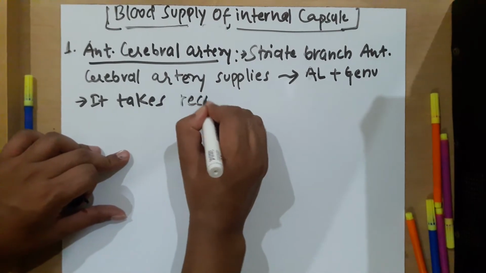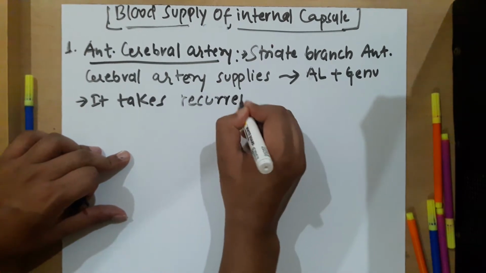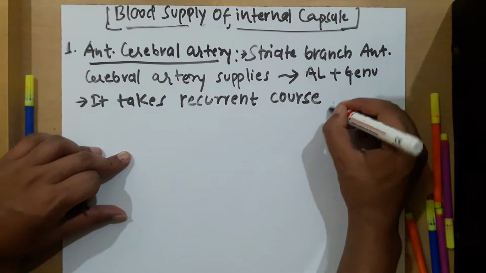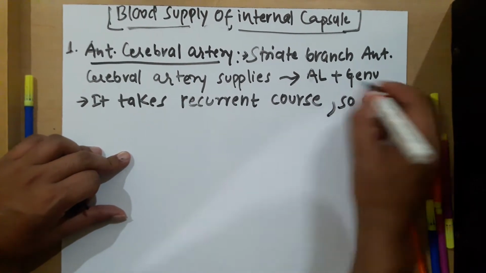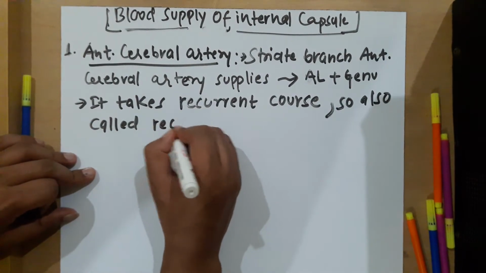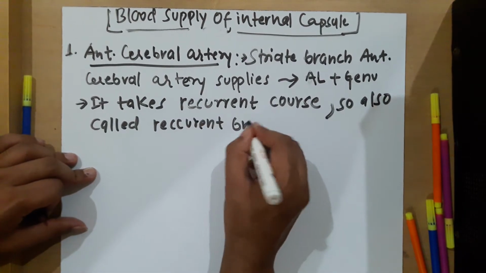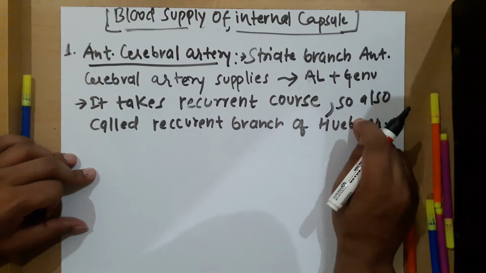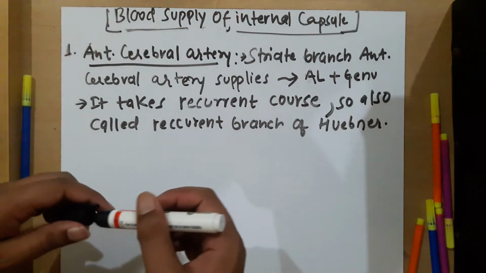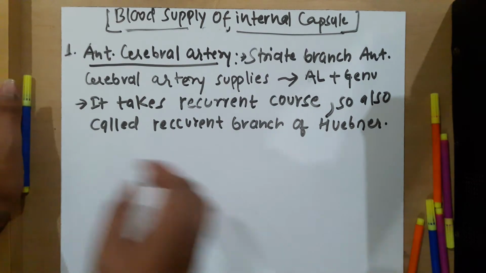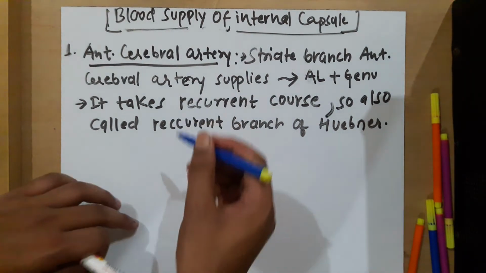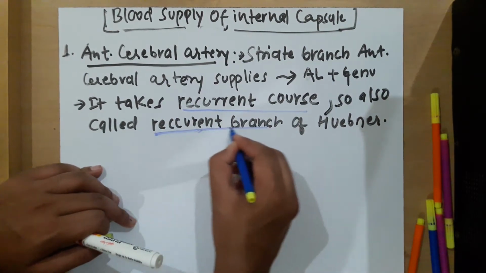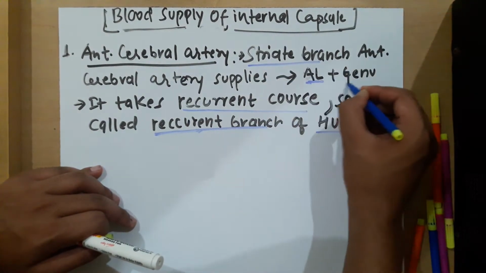It is also called the recurrent branch of Heubner. So the straight branch of the anterior cerebral artery supplies the anterior limb and genu, and it takes the recurrent course, so it is also known as the recurrent branch of Heubner.